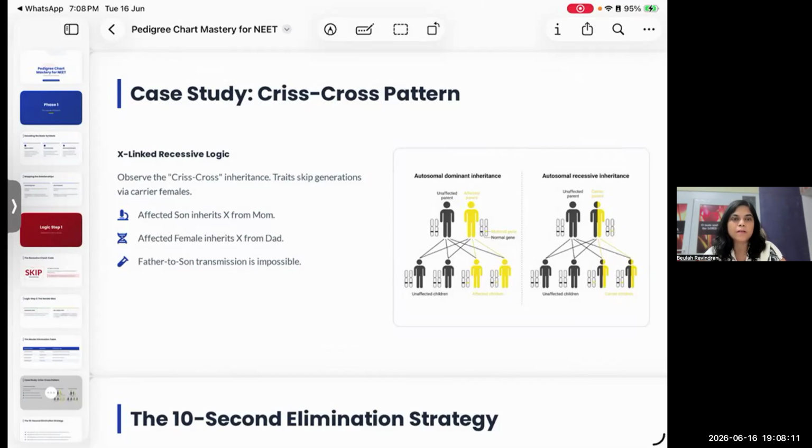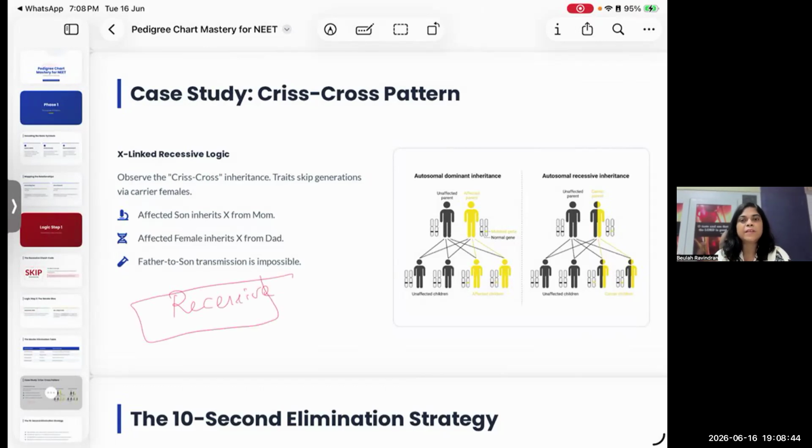Are you able to understand? If it does not skip generations, meaning every single affected child has at least one affected parent, it is dominant. It's an aggressive trait. If it skips generations, meaning two completely normal looking parents suddenly give birth to an affected child, it is recessive. The parents were the secret carriers. So this is the golden rule for recessive: unaffected parents lead to an affected child.